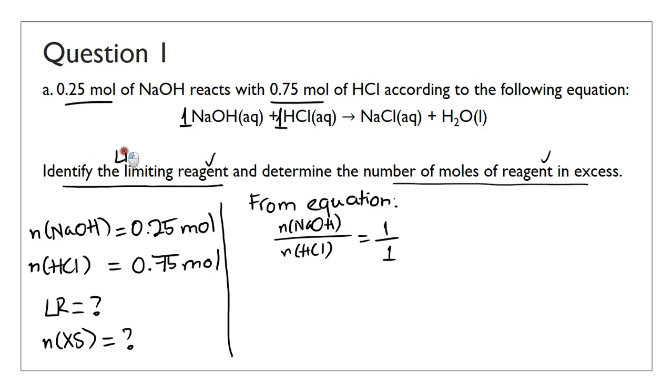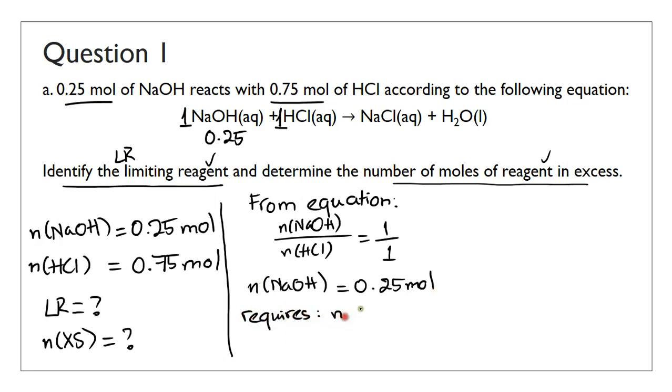So if I have 0.25 mole of NaOH, you're going to require n of HCl to be 0.25 mole as well. If you have 0.25 mole of sodium hydroxide, you're going to need 0.25 mole of hydrochloric acid to completely react with it because of the 1:1 mole ratio, which just means the two numbers of moles are equal.